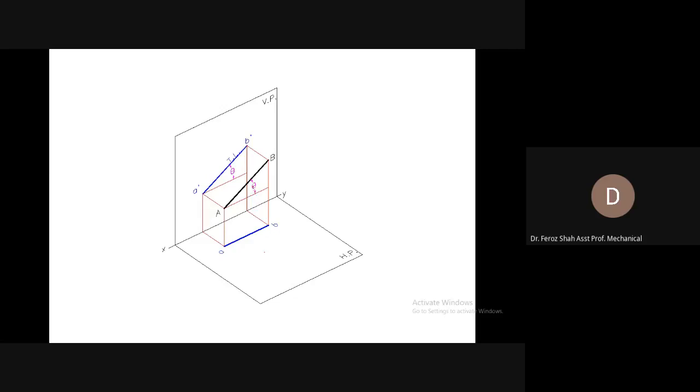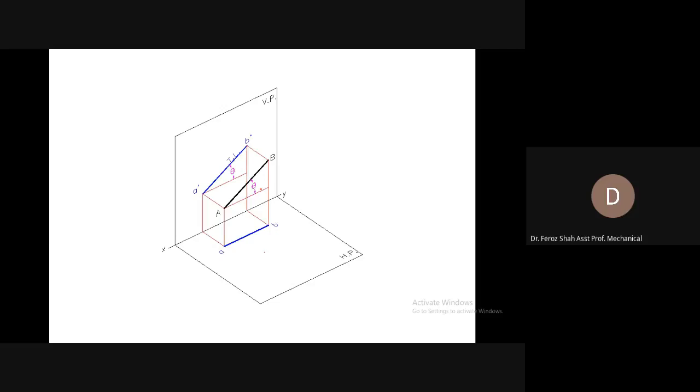The greater the theta, the smaller would be the top view. Or if you decrease the theta to 0, then it would mean that you have made line AB parallel to the horizontal plane as well. So in that case, the true length will be shown in the top view.